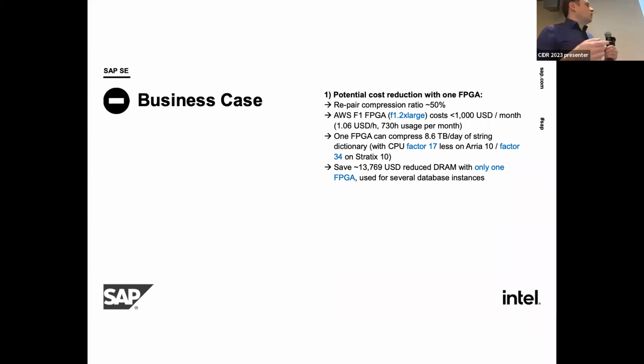On an old, even very old FPGA, and then a quite new one, even with FPGAs superior by a factor of 34, just as a side remark. And then you can see how much memory cost we could save by running just this one FPGA.